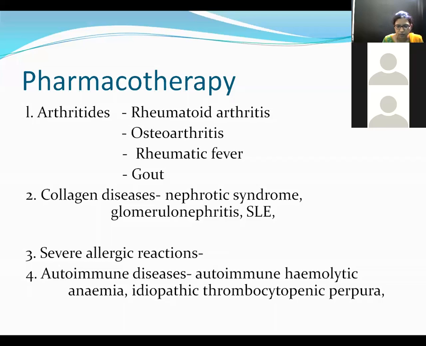Examples of autoimmune diseases in which glucocorticoids are given are autoimmune hemolytic anemia and idiopathic thrombocytopenic purpura. You can remember whichever is easy for you.